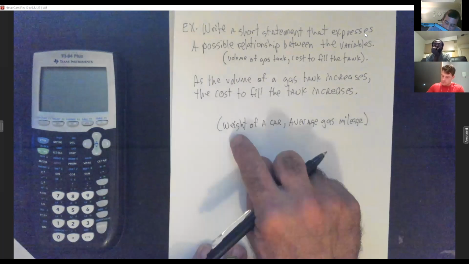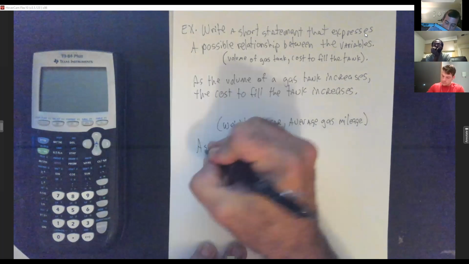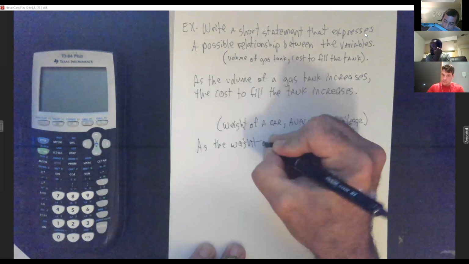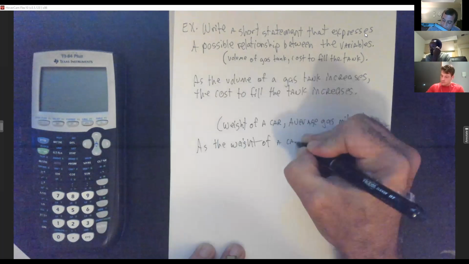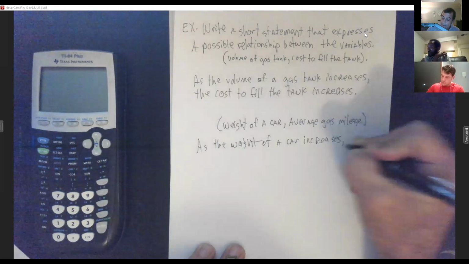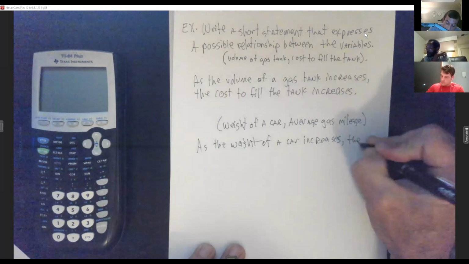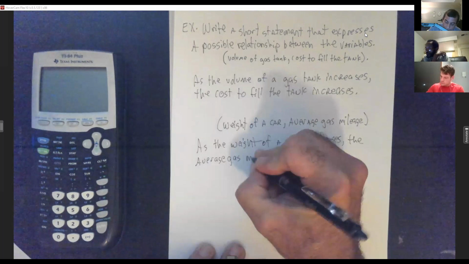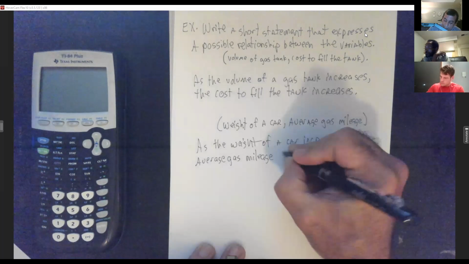So as the weight of a car increases, the average gas mileage decreases.